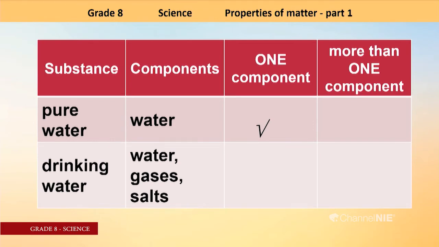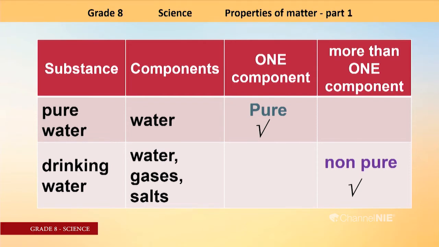But in drinking water, think, drinking water means it contains water, sometimes gases, some salts, so many things. So, we can tick this column like this. Here can you see another two words? In the previous column, it is indicated as pure. So, why is it pure?